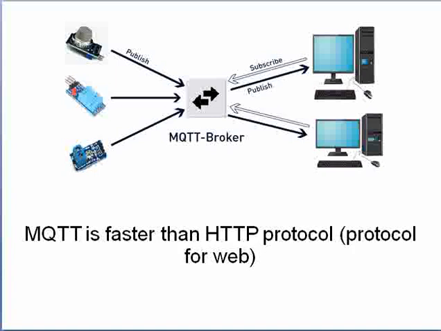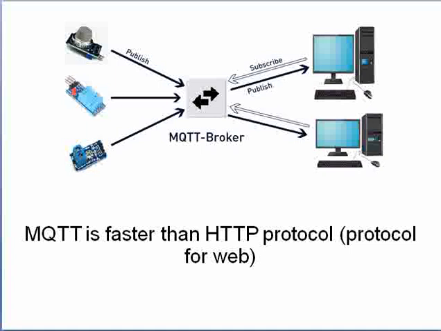One important thing is, if we see the communication mechanisms before MQTT, devices in the IoT used to use the HTTP protocol. HTTP is a very commonly seen protocol, which is used for the internet and web applications. If you are browsing some website, you are going to request an HTTP page from the server.